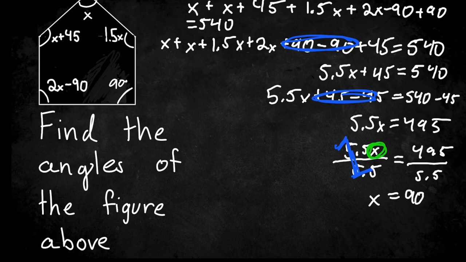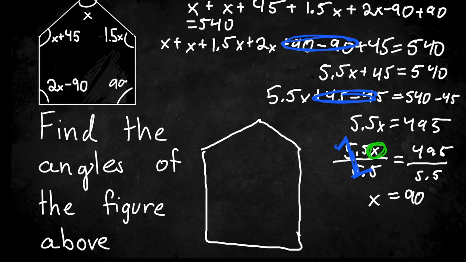Now let's solve all the angles in the pentagon. Let's draw this out as nicely as I can, not an exact replica. This one is just x, so this is 90. We know this one is already 90. Then 2x, which is 180 degrees, minus 90 is 90.